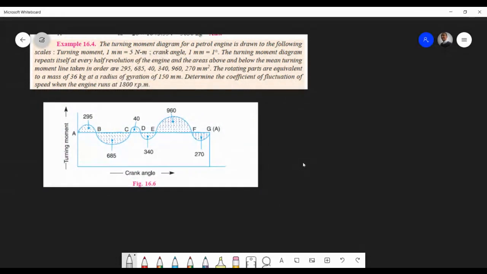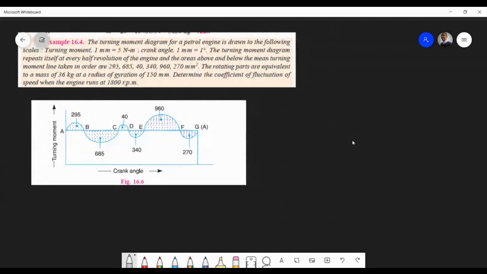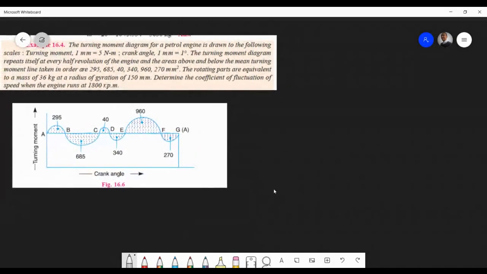The approach is, I normally work with a table, and I'll show you now. It's a very nice example, and like I said, it's test level as well.